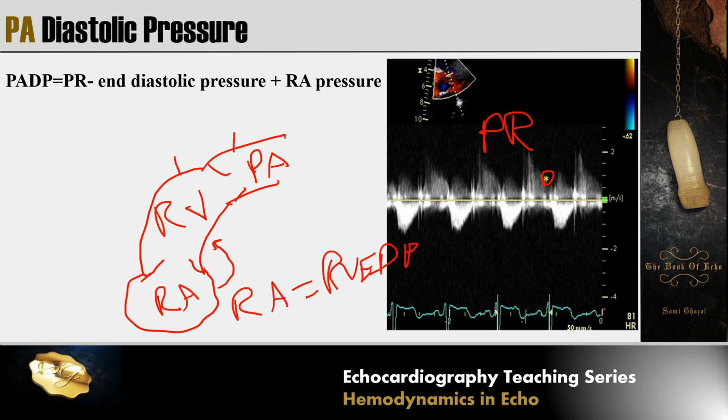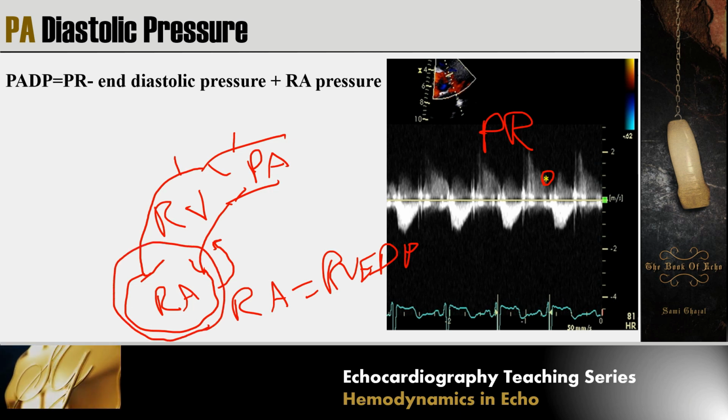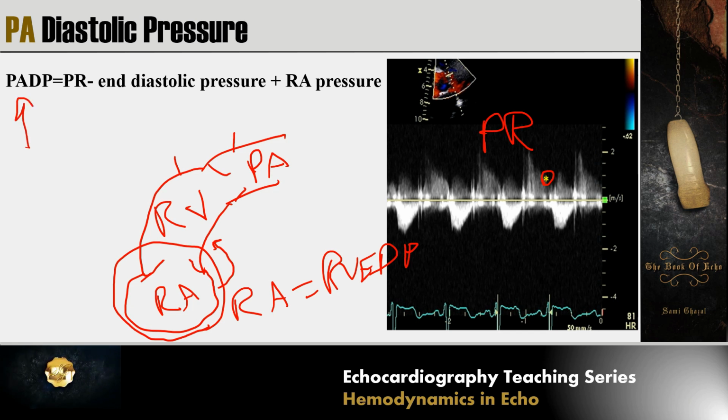It's the same. We can estimate RA pressure from IVC or any other method of estimation, and by estimating the RA pressure we can estimate the pulmonary artery diastolic pressure.